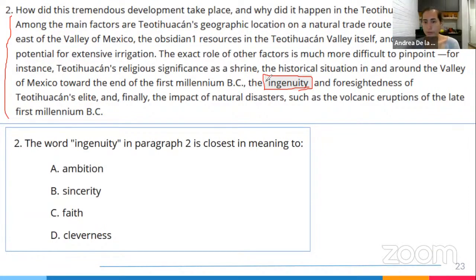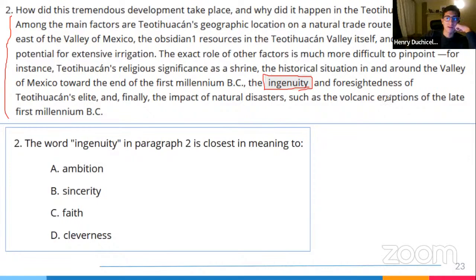What's the main idea? Can anyone tell me what the main idea of the paragraph is?